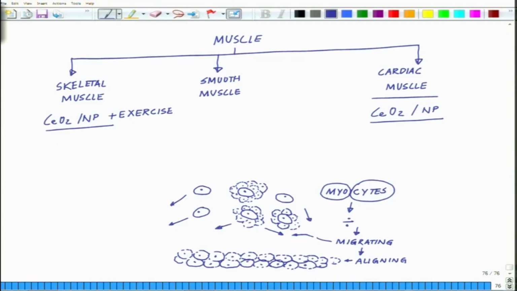Once they are aligning, there is an interesting process which happens. These cells start to lose their individual boundaries, and what they form is something like this. These are the nuclei which are present.